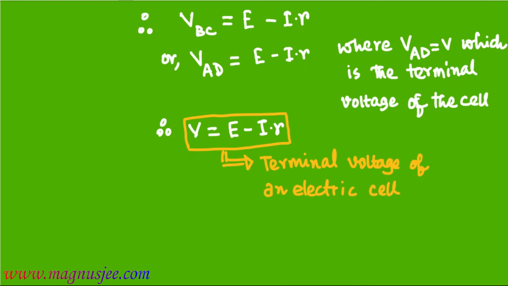We can prove in this way that V equal to E minus I dot r is the terminal voltage of an electric cell during discharging.